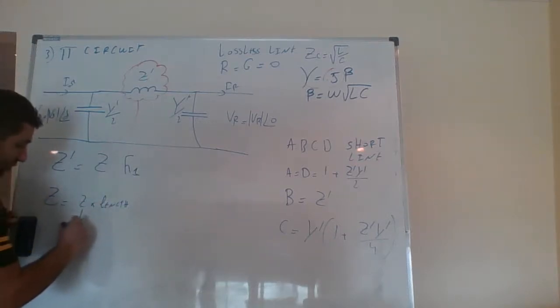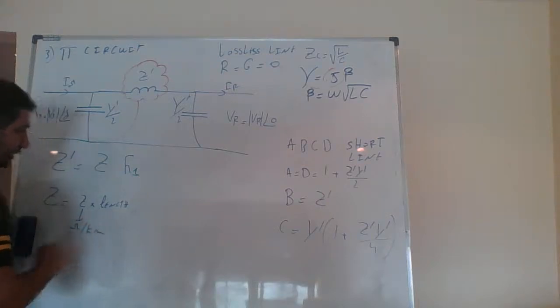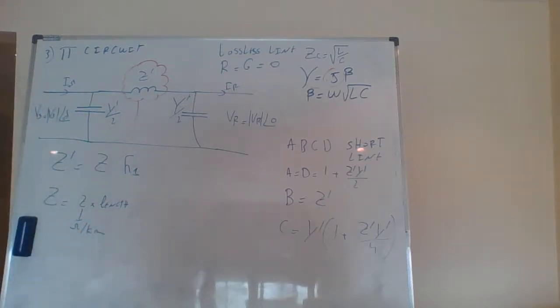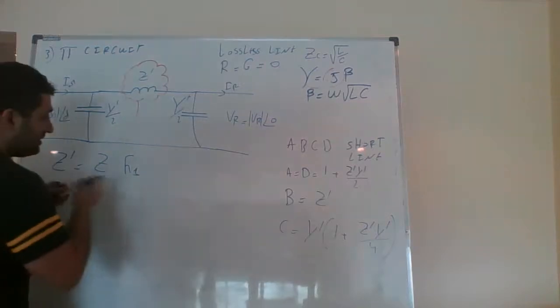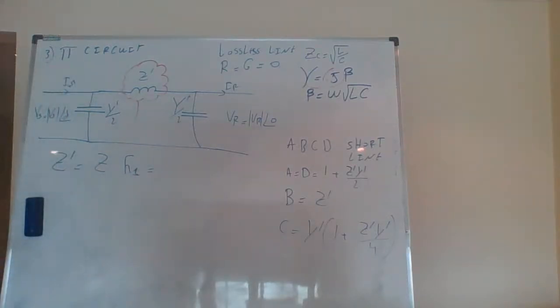This Z, the unit is ohm per kilometer. Is that clear? Do you remember this relationship? So now, let me go back. What did we find Z dash equal to?